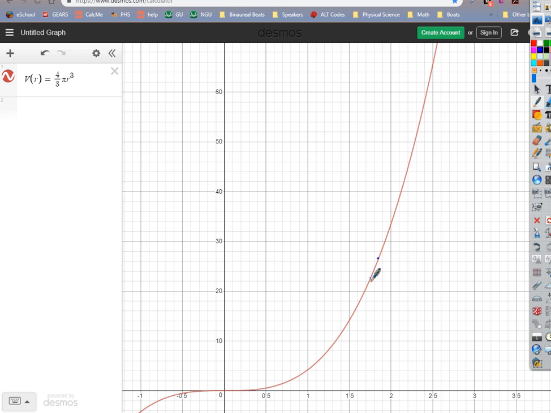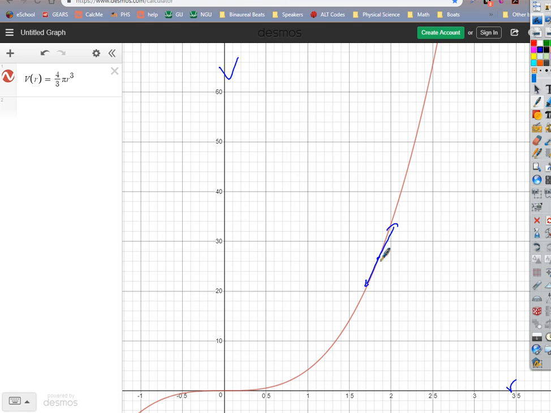We could measure any rate we want to, but whenever we look at a derivative, what's that really saying? Normally it's dy dx. In this case, it's dV dr. The slope of that line, that's what calculus does.